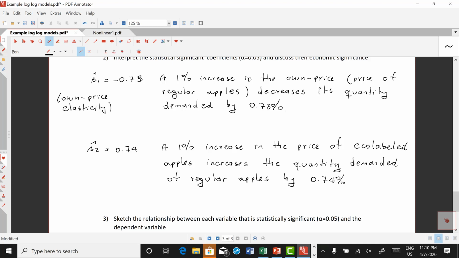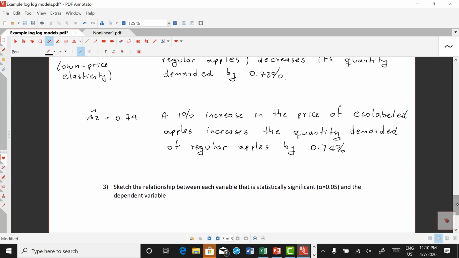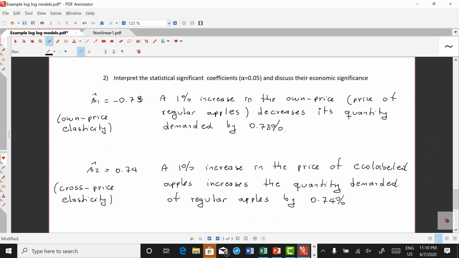Okay, as you can see, the coefficient that we estimate is actually the elasticity, and it has a very straightforward interpretation. So this is what's called, remember from your microeconomics class, the cross price elasticity, because you are looking at how the price of other goods affects the quantity demanded of a certain good.